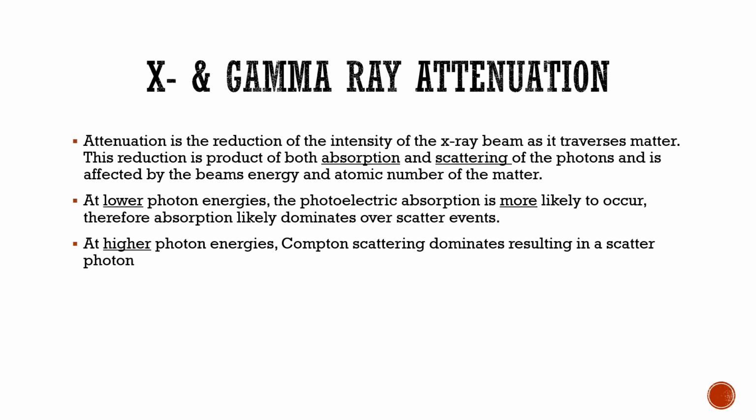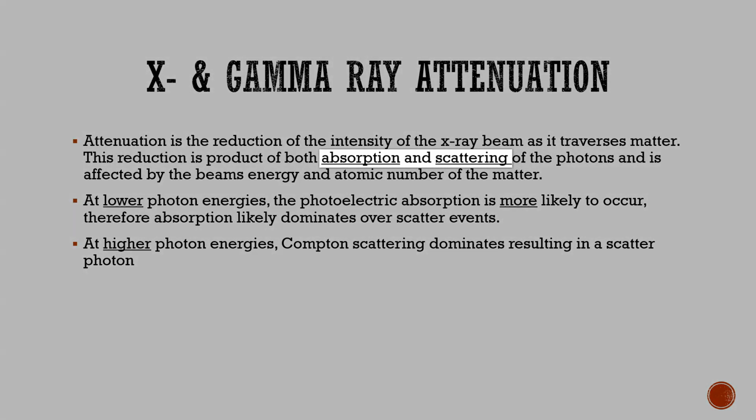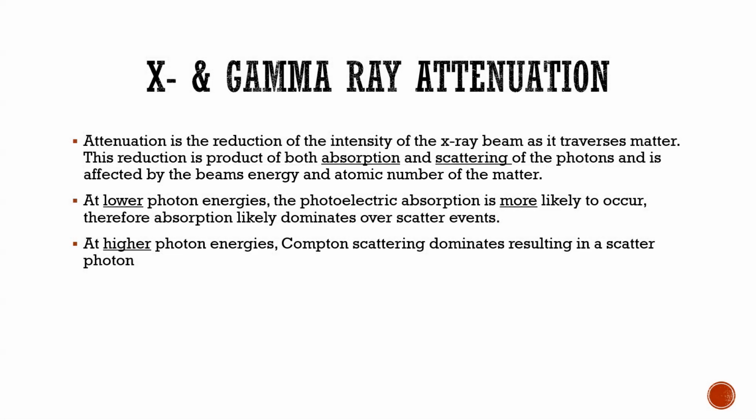As previously noted, this is a product of both absorption and scattering of the photons, and is affected by the beam's energy and atomic number of the material. Note, at lower photon energies, photoelectric absorption is more likely to occur, and therefore absorption likely dominates over scattering events. On the other hand, at higher photon energies, Compton scattering dominates, resulting in scattered photons.